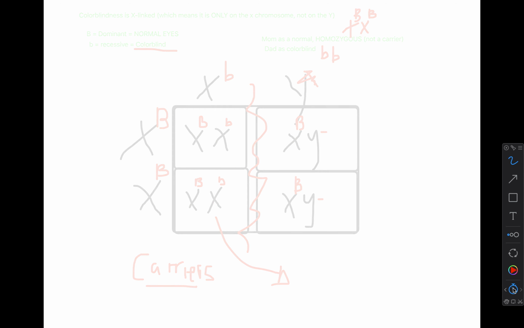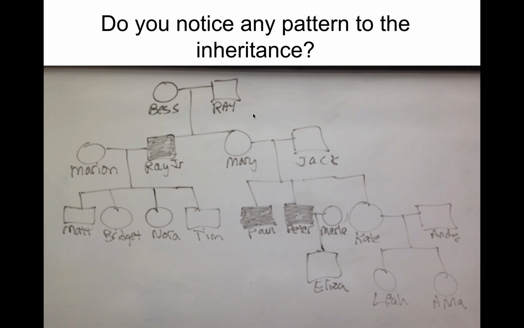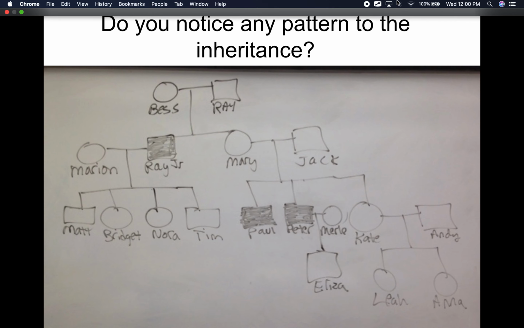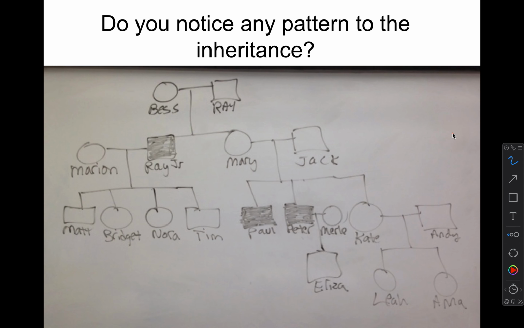Okay, so we're going to put this into practice. We're going to go back to this, right? And so what we see is it's only in males, right? And that usually indicates not only that it's sex-linked, but that it is X-linked, right?